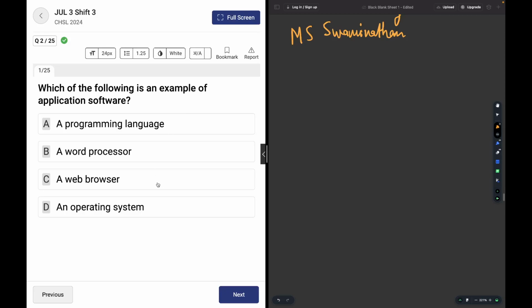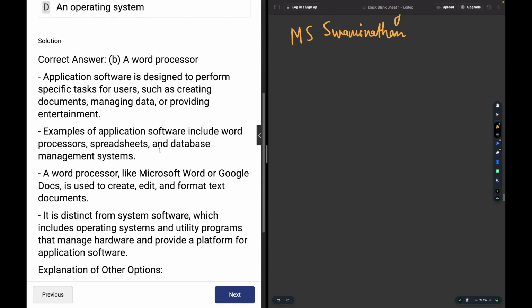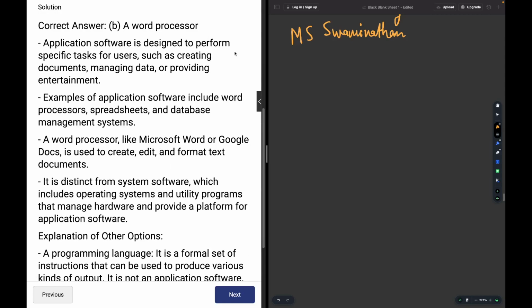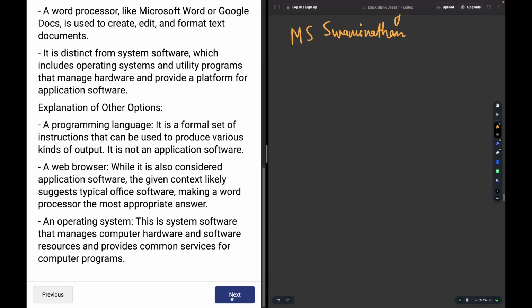A web browser is definitely an application, but it connects the user with the internet. An operating system is a direct connection between the system and the user. So a word processor is the best option of an application software. Application software is designed to perform specific tasks for users, such as creating documents, managing data, or providing entertainment. You may read about everything over here.